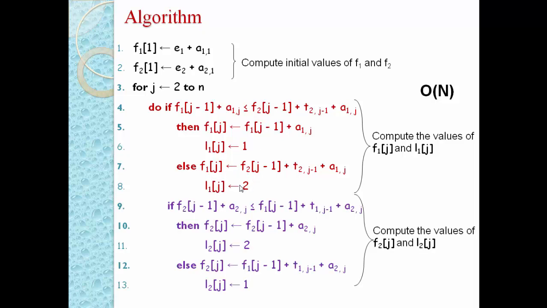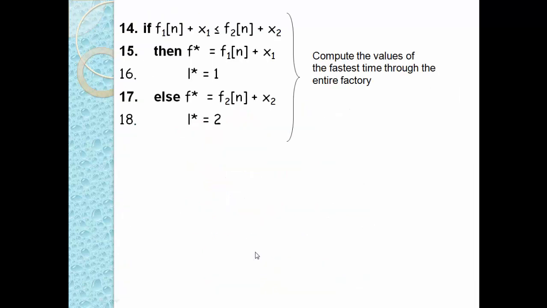Same way for line number 2. If this condition is true, for example F2j minus 1 plus A2j is less than or equal to F1j minus 1 plus T1j minus 1 plus A2j, at that time which one is minimum? So line number 2, so we fill line number 2 inside the matrix. Otherwise line number 1. This is just the algorithm based on the equation.